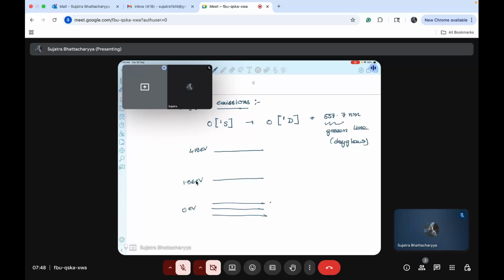So you have 0, 1, 2, these are different states. From here to here, this is your 1S state, this is the 1D state. The photon released is 557.7 nanometers. Similarly, there is another, the red line emission, which goes to 630 nanometers, which is red.